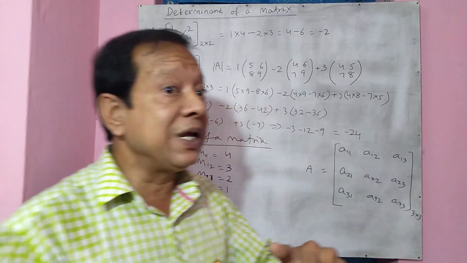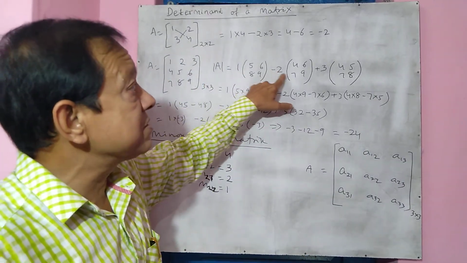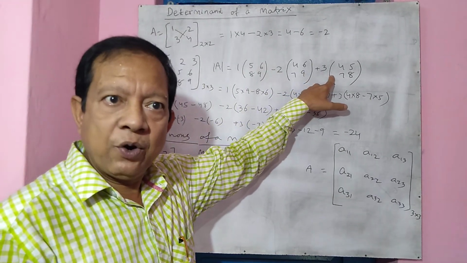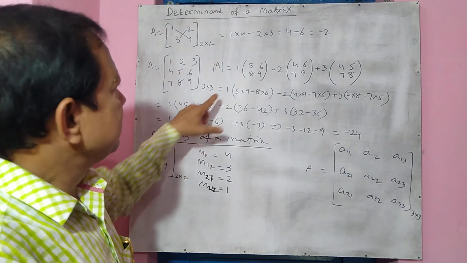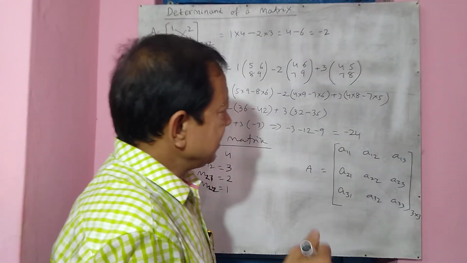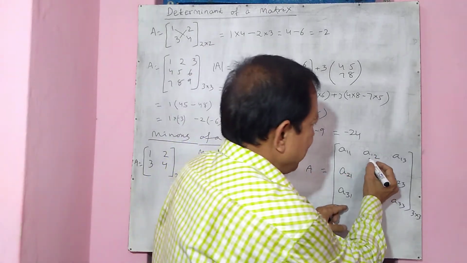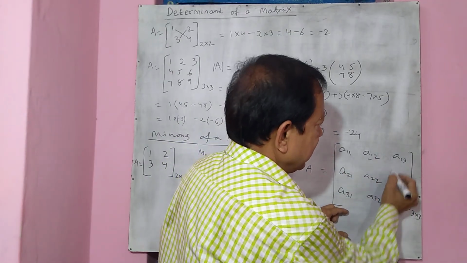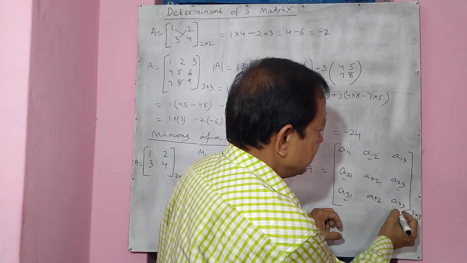In the cofactors, we shall learn why we shall give this plus and this minus and this plus. Because you see, the position is 1 and 2, so this will be minus. This will be minus. This will be minus. This will be minus.